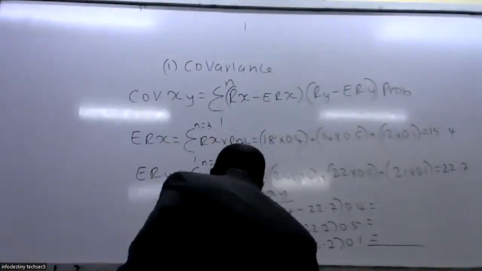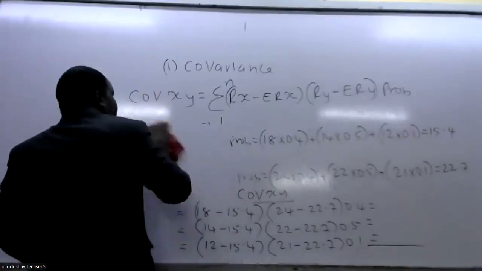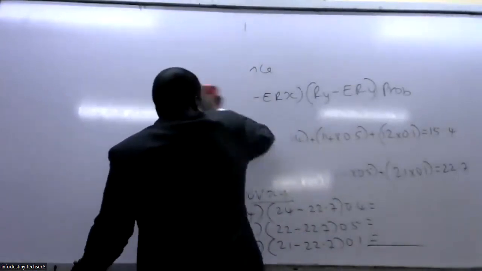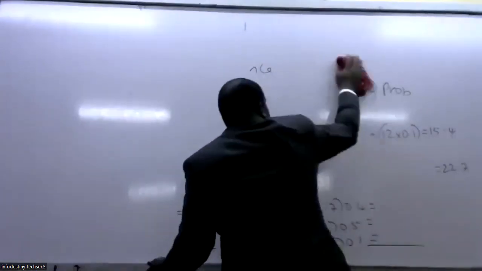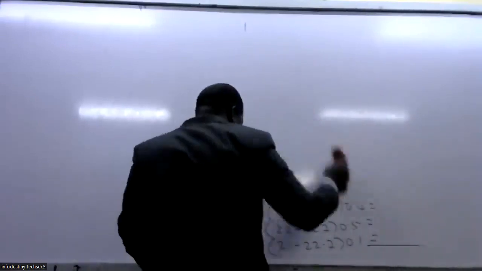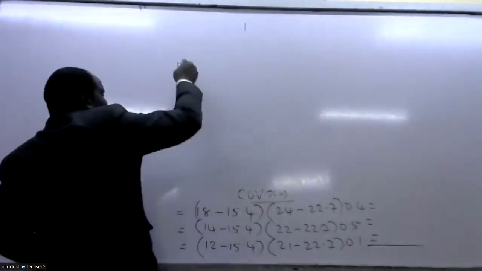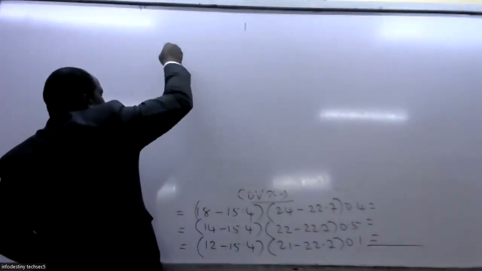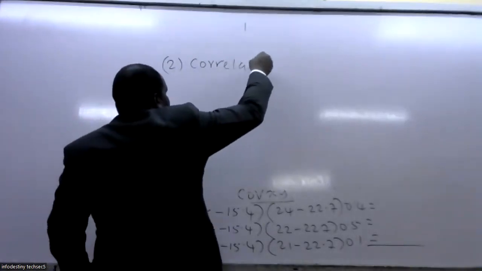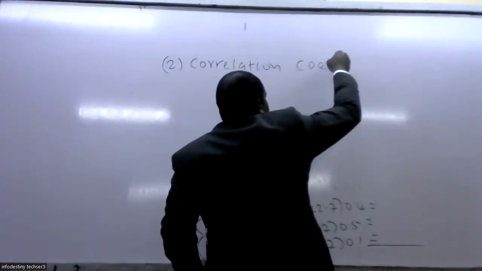So we go to the measure number 2, which is supposed to be the correlation coefficient.